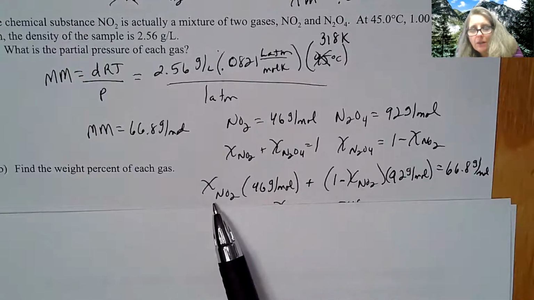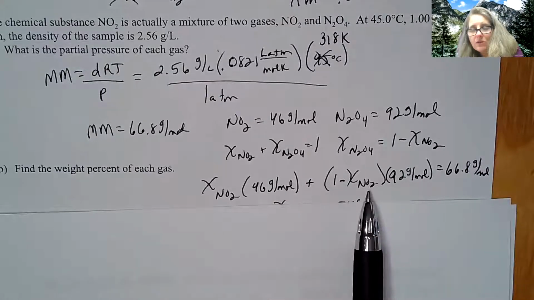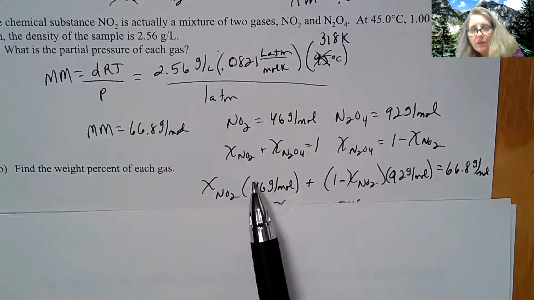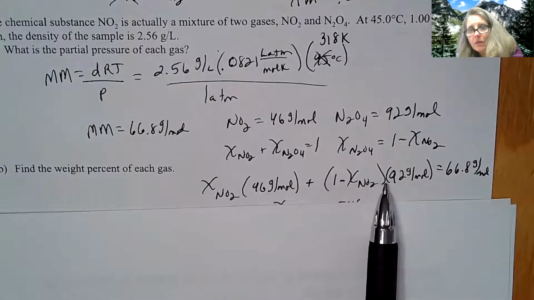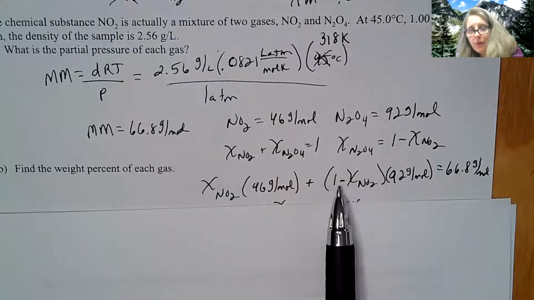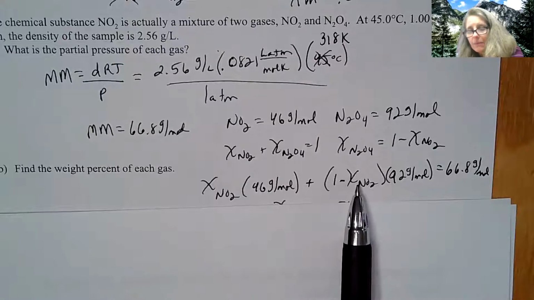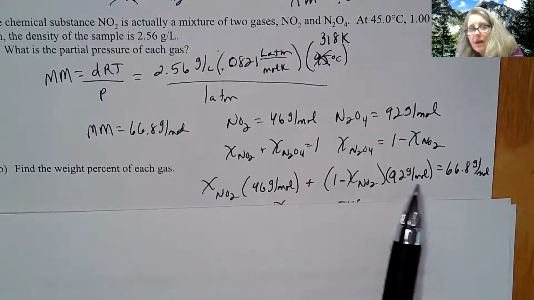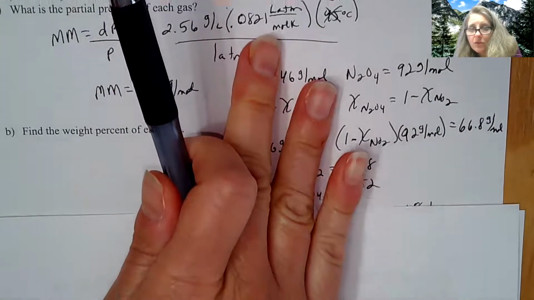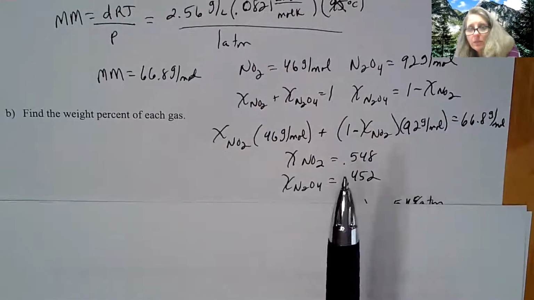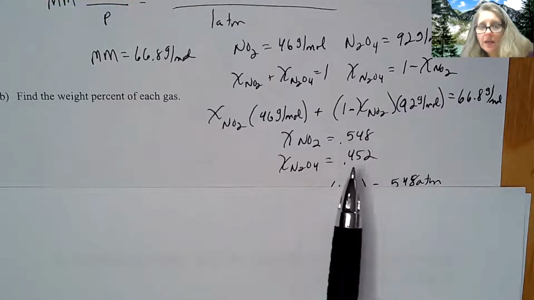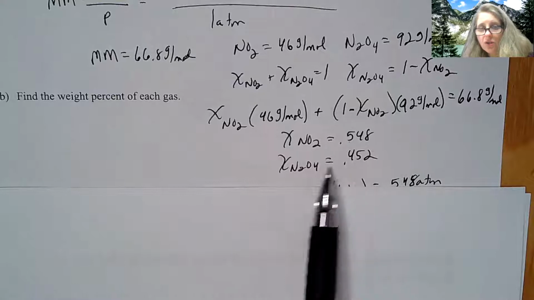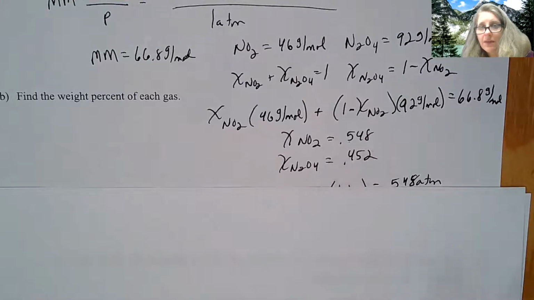Part of it is NO2 and part of it is N2O4. If the mass is 46 times some proportion, and the other mass is 92, multiplied by 1 minus the mole fraction of NO2, I could then find my mole fraction of NO2. When you plug it in your calculator, you end up with 0.548 and then 0.452 as your mole fractions. But that's not my partial pressures, but I'm almost there.